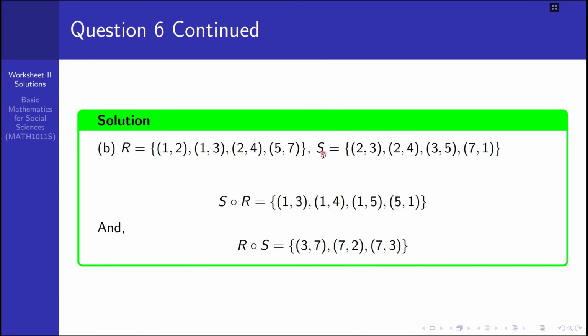For example, here the image of 2 under S is 3, but 3 has no image here, so 2 cannot be found within the domain of R composed of S. Nor is 4 here, since it has no image, so we cannot include 2 as an element of the domain of R composed of S. Coming here, the image of 3 under S is 5 and the image of 5 under R is 7, so that (3, 7) could be one of the possible elements of R composed of S.